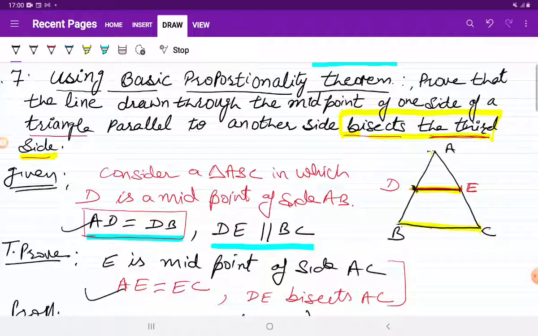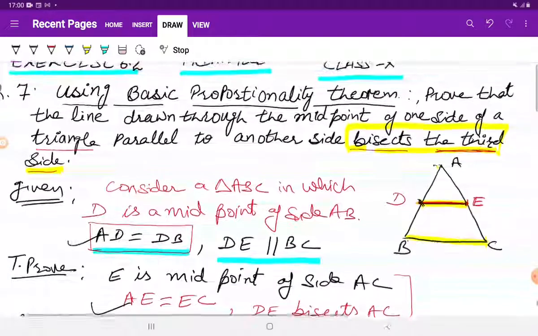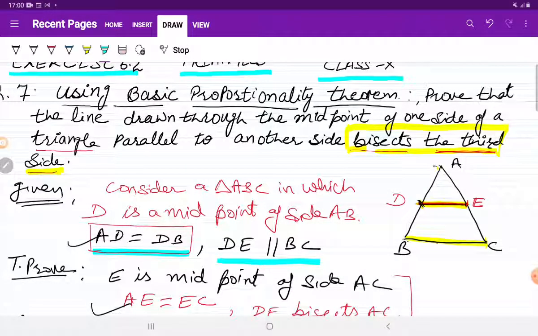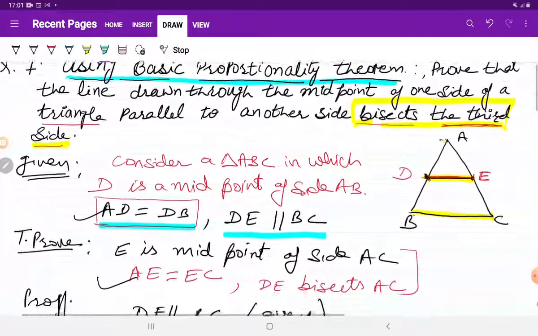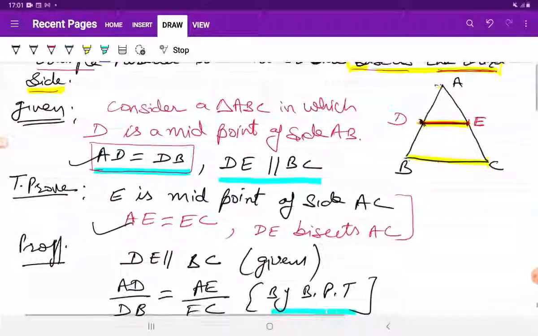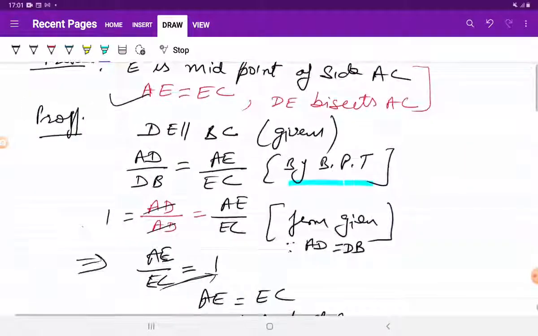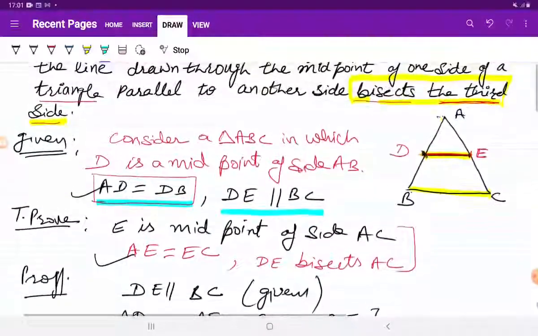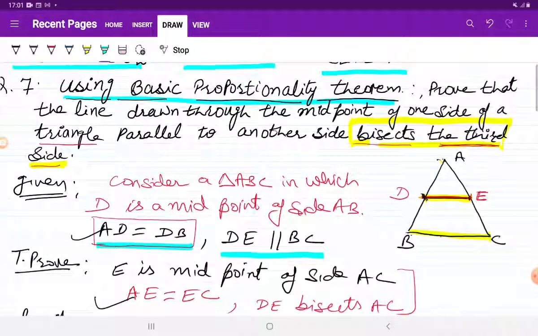But here we are not going to do it like that, because it is already mentioned here that you have to do this question by using the basic proportionality theorem. So we are using this method, we are using Thales theorem here, already written in the question. You have to solve this question by using only the BPT theorem. Actually ये both theorems है same. ये this question and that converse of midpoint theorem both are same.